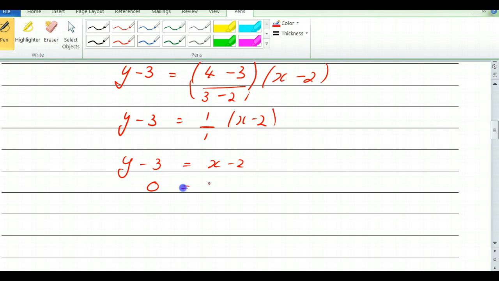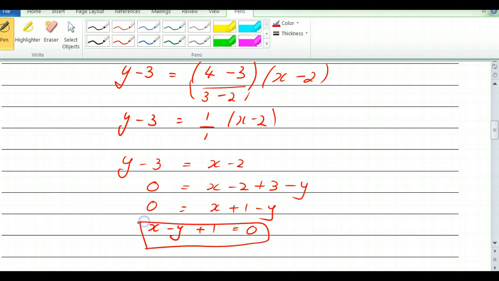We'll have 0 equals x minus 2 plus 3 minus y, which tells you that it's x plus 1 minus y, and we rewrite that as x minus y plus 1 equals 0. That's one form of writing the equation, and the other form we can write that as is y equals x plus 1.